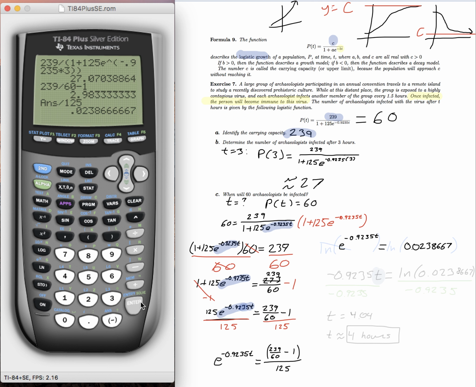Now we can get the exponent out by ln'ing both sides. In this case, we're logging both sides with the same base that we have. That's e.